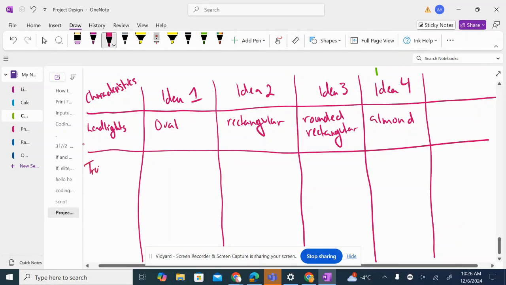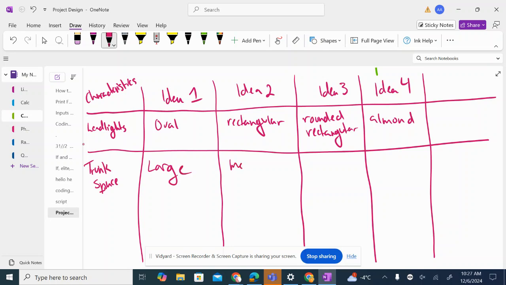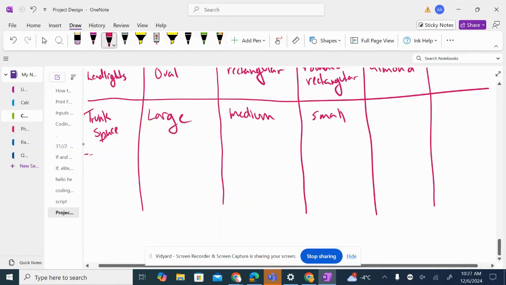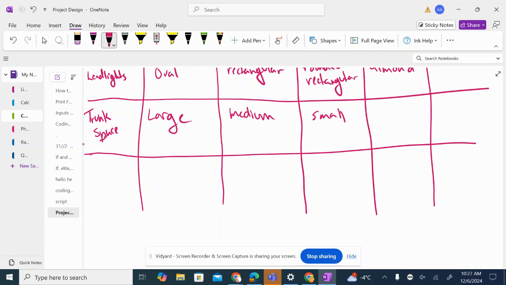Okay, headlights, we can have trunk space. Right, we can have large, medium, small. And then we can go ahead and add another characteristic. For example, shape.